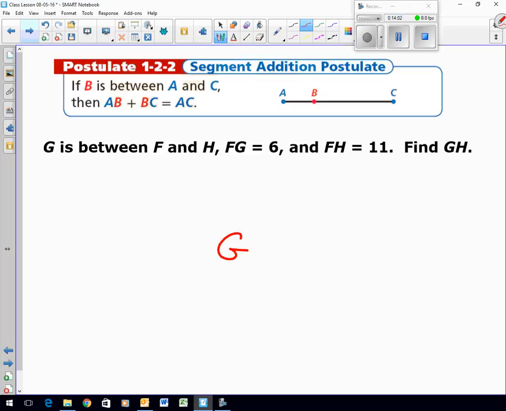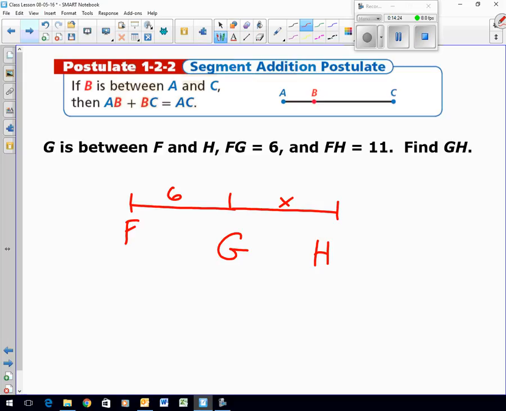G is between F and H. How am I doing so far? Have I done exactly what the problem says so far? We're good. It says that F to G is 6, and F to H, the total distance, is 11.